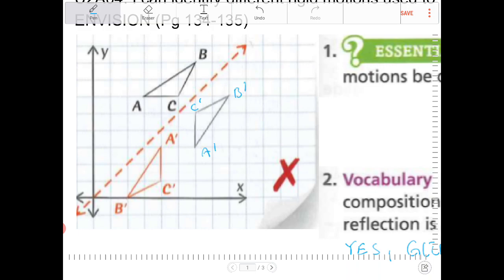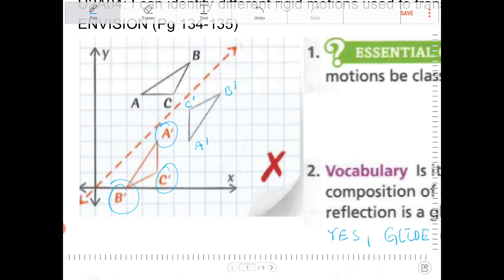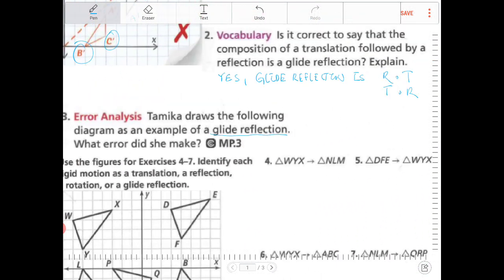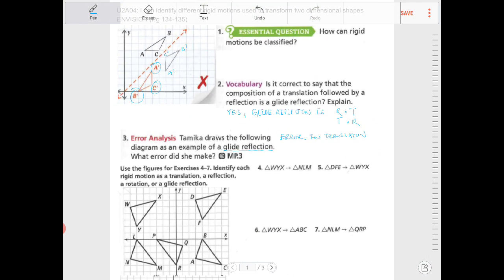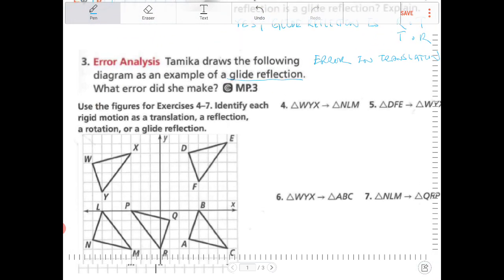Really, what should have happened is that A double prime should not be here, C double prime should not be there, and nor should B double prime. So there was definitely an error in the translation. All right, moving on.